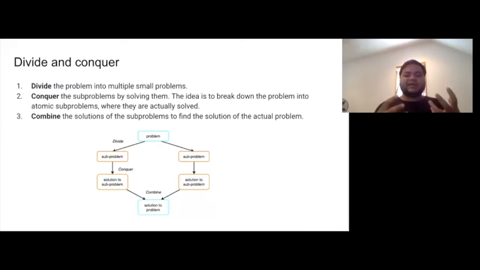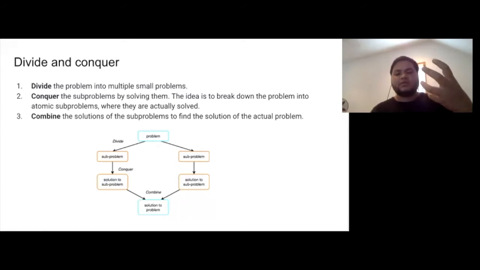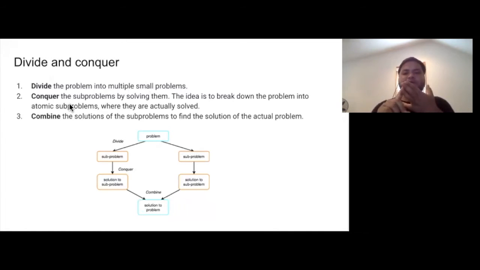But the idea here is if we can somehow divide a problem into smaller subproblems, it becomes easier to eventually solve the whole problem. So you can see that divide and conquer works on three principles.